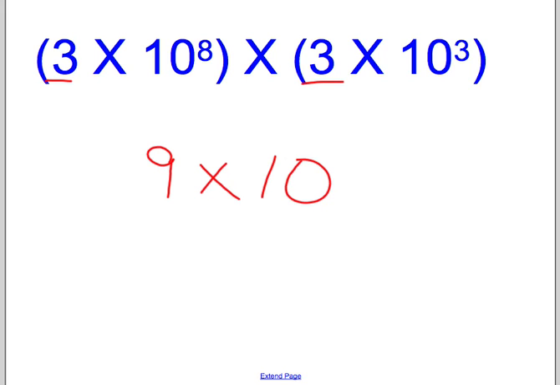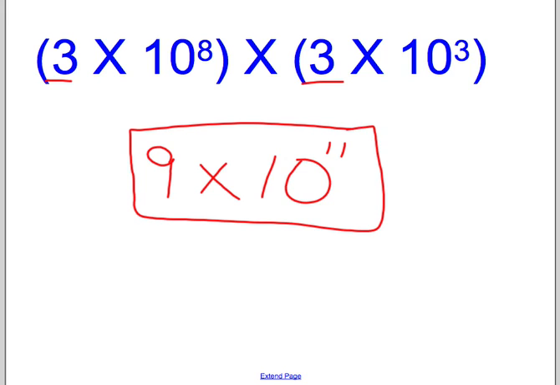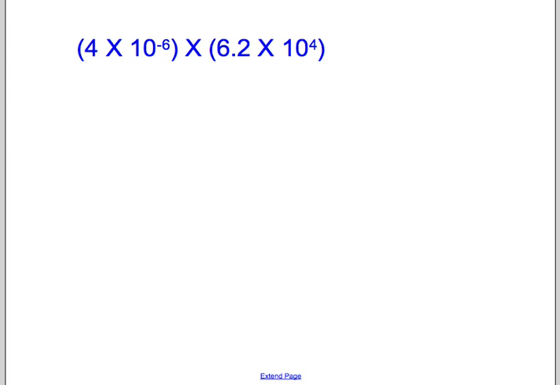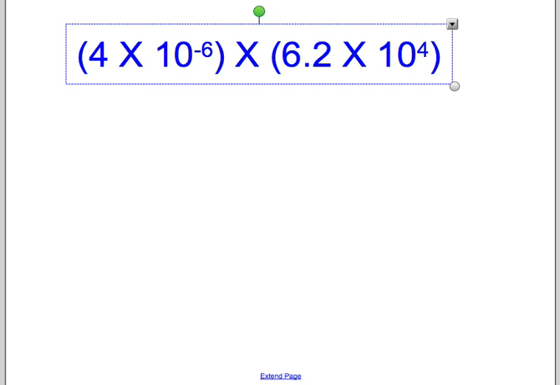And the exponents on our 10 are 8 and 3, so we add those together, we get 11. There's not much work to show on that one either. This next one has one little step that you'll have to add to it, and so we'll want to probably show some of the work on this just to keep your data organized well.